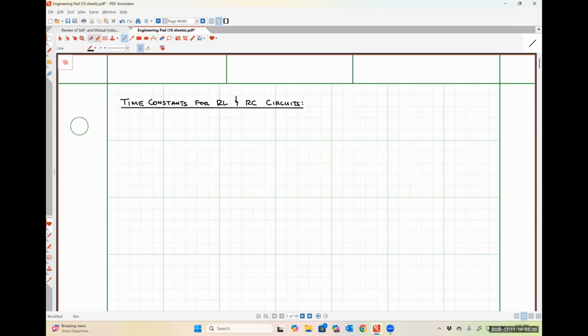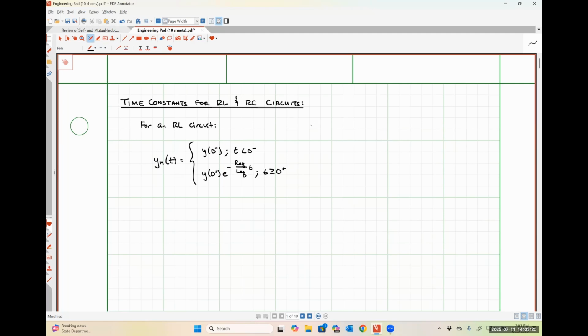We learned on Wednesday, when we were analyzing RL and RC circuits, that for any RL circuit, the natural response is given by this relationship: y_n(t) is y(0-) for t less than 0-, and y(0+) e^(-Req/Leq · t) for t greater than or equal to 0+.